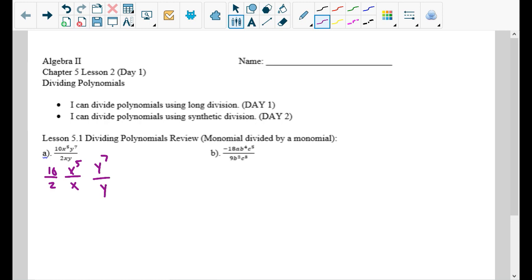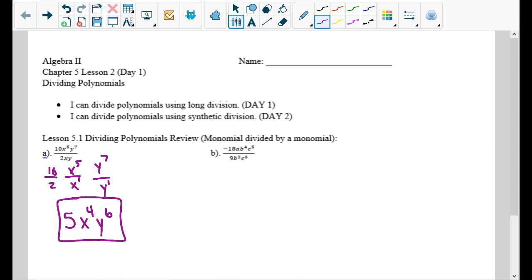Well, 10 divided by 2 is 5, x to the 5th over x. Remember, subtracting those exponents, 5 minus 1 is 4, so x to the 4th, and then y to the 7th over y, again that's 1, so 7 minus 1 is 6, so y to the 6th, and there's my answer.